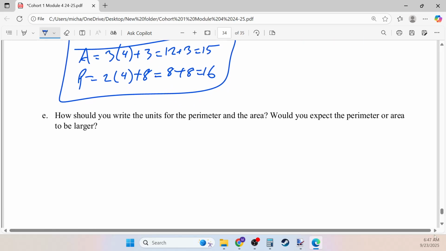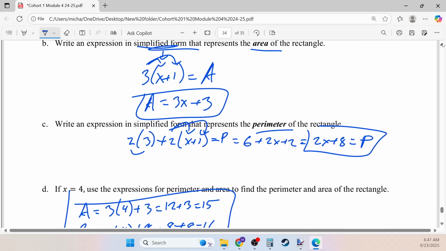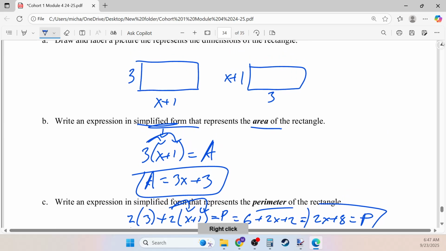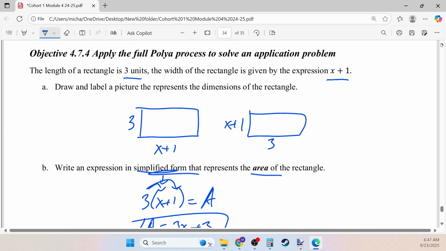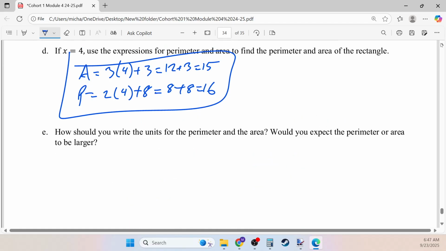How should you write the units for the perimeter and the area? It says units. So we would assume that perimeter is in units, area is in square units.